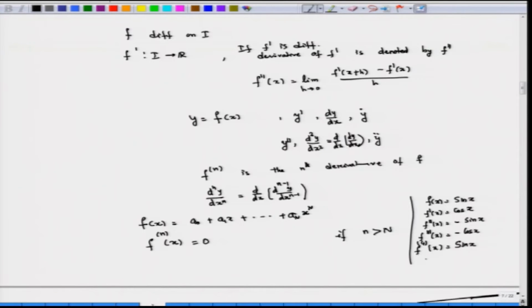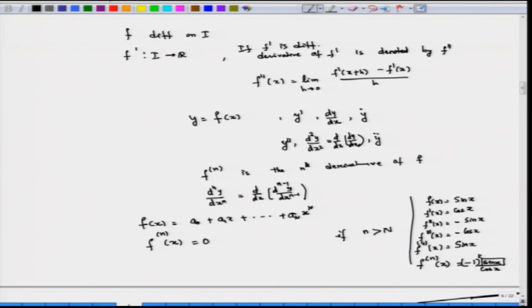So, you would like to write down the nth derivative as minus 1 to the power k times sin x or cos x. It will be a good exercise for you to figure out what the sign of this derivative is, and when you are going to get sin x or cos x. Nevertheless, for f of x equal to sin x, the nth order derivative exists for any n.